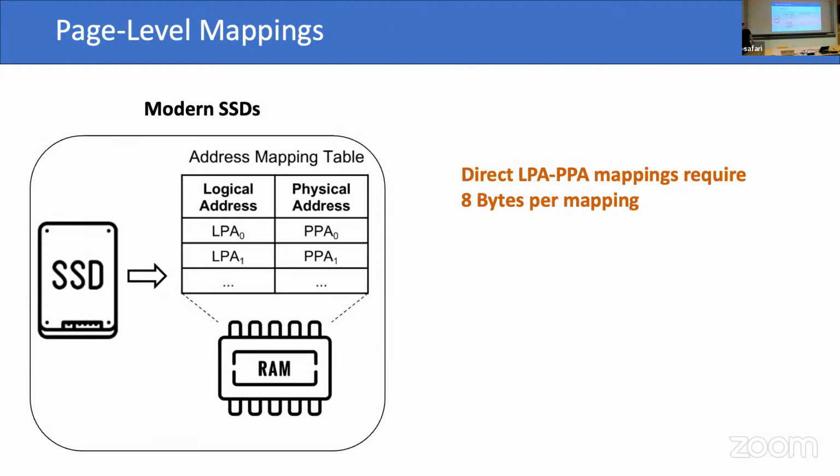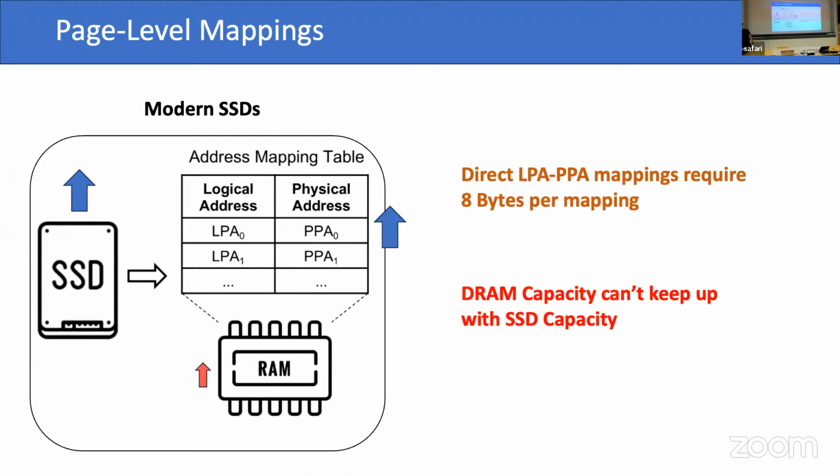So this is a modern SSD address mapping table. Usually, we have a page level mapping, which is a direct LPA to PPA mapping. Basically, every mapping needs 8 bytes, and it takes a lot of space because we have a lot of translations. As we increase the SSD's capacity, the memory footprint of our table also increases, but the DRAM capacity can't keep up with it.